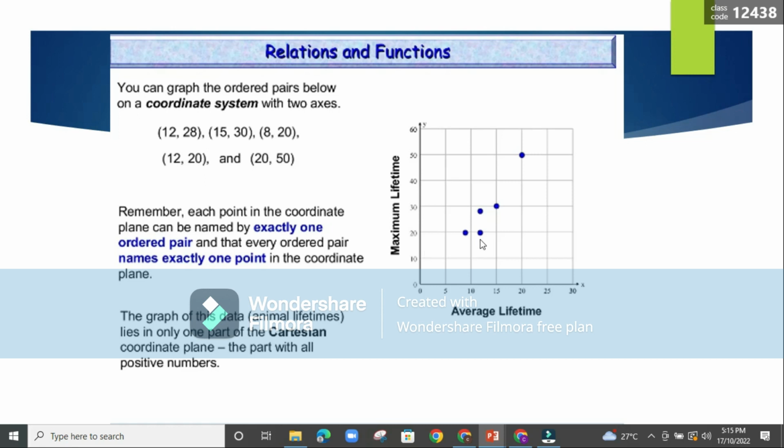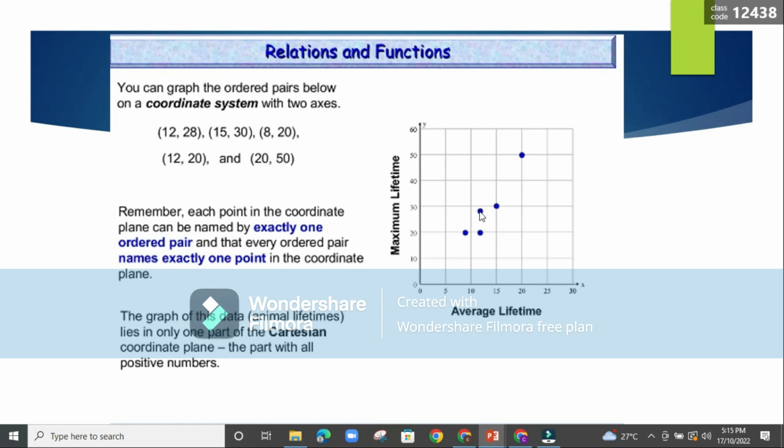So this point is a representation of the ordered pair 12, 20 in this Cartesian plane. We also have 12, 28. They share the same value of x, and 28 is somewhere here, 2 units below 30.